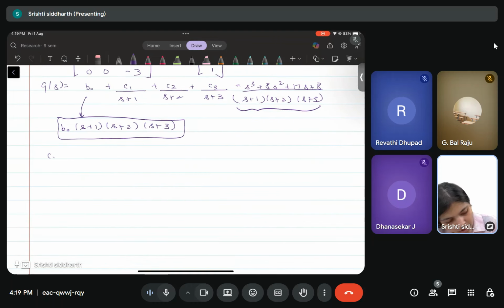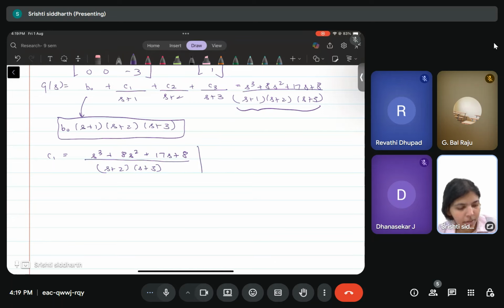Alright, so C1 is therefore simply S cube plus 8s squared plus 17s plus 8 over s plus 2, s plus 3 evaluated at s equals -1.